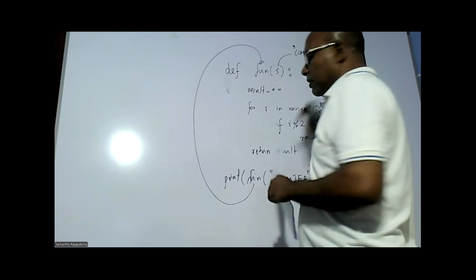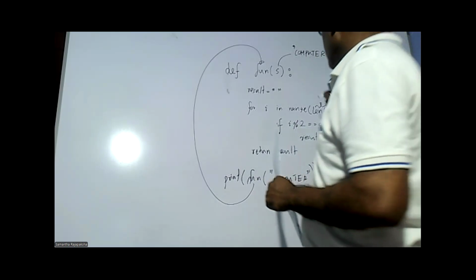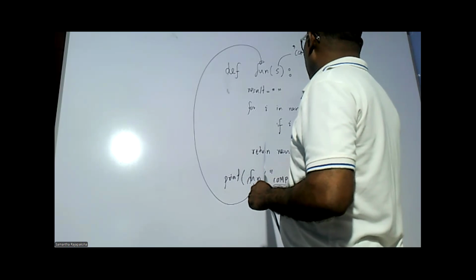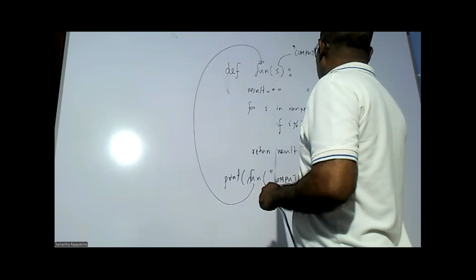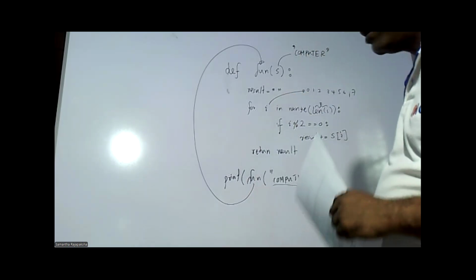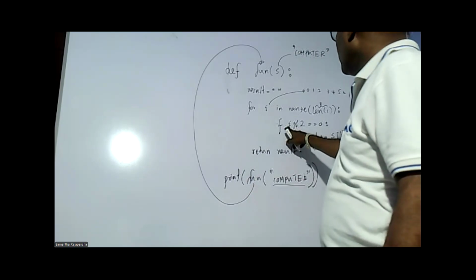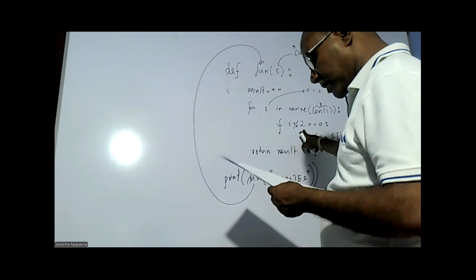Range 8 means this will produce the values 0, 1, 2, 3, 4, 5, 6, 7, not 8. Initially, i will be equal to how much? 0. Then what happens? You take the first value and divide by 2.